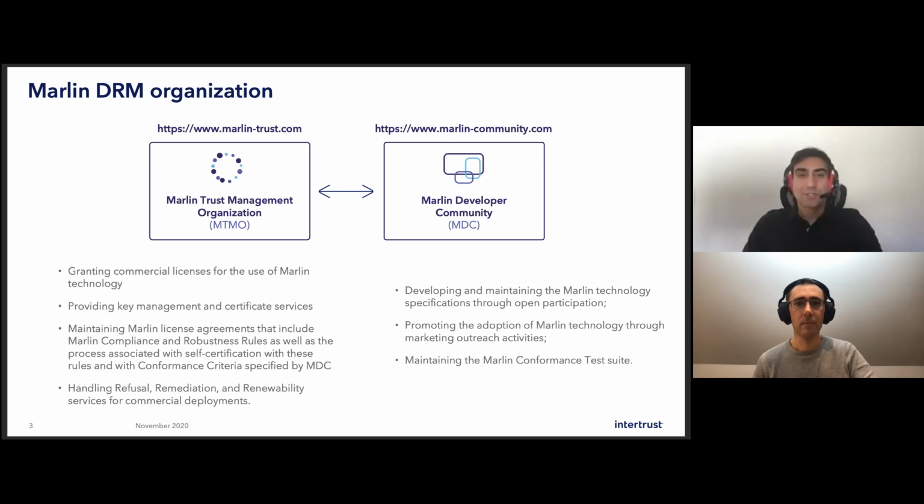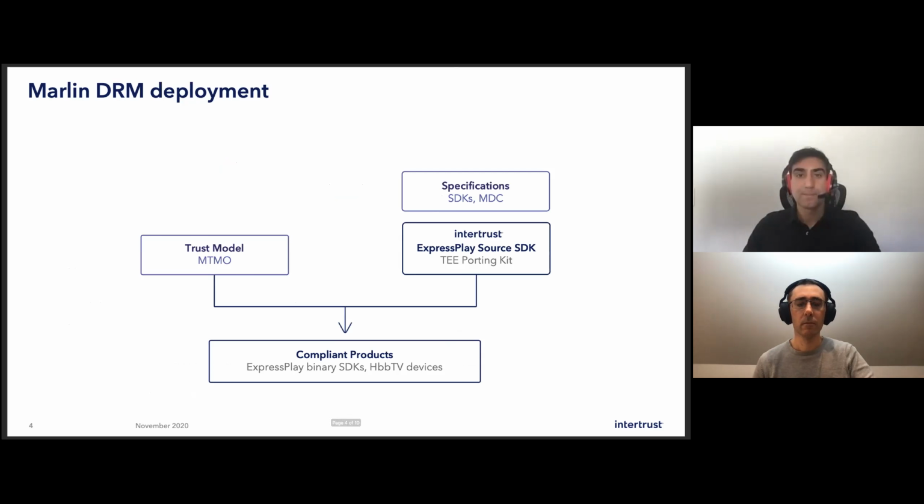Great. So now, can you explain what is the process for deploying Marlin DRM and what are the components involved? Yes, Ali, sure. So there are several steps involved in deploying Marlin DRM products.